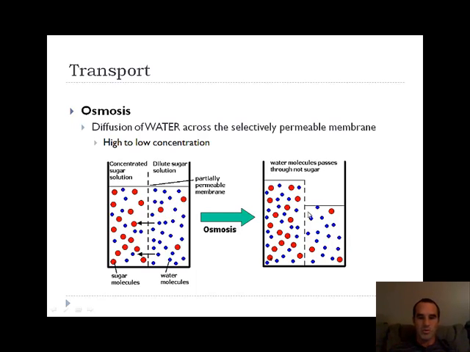Water is going to move from high concentration, over here, to low concentration. Eventually the number of water molecules on the left is going to be the same as the number on the right, but we also have all this added sugar, and so our volume would change. The volume would go up on this side and down on this side. So this is like our lab setup example to look at.